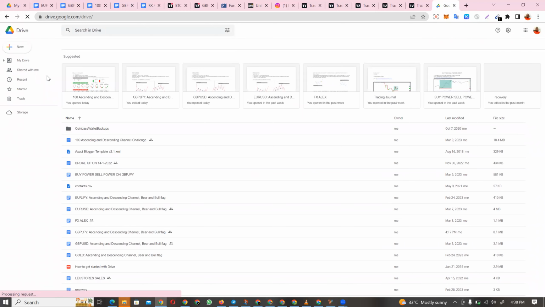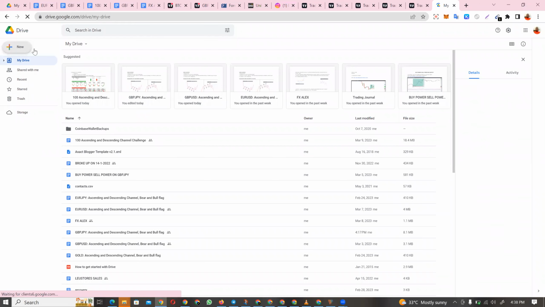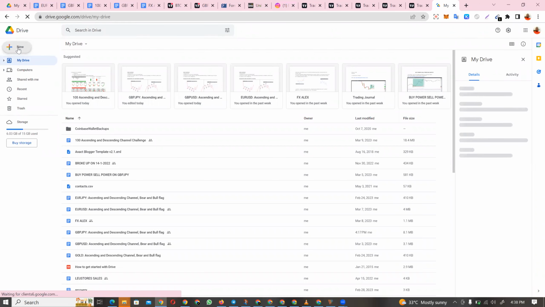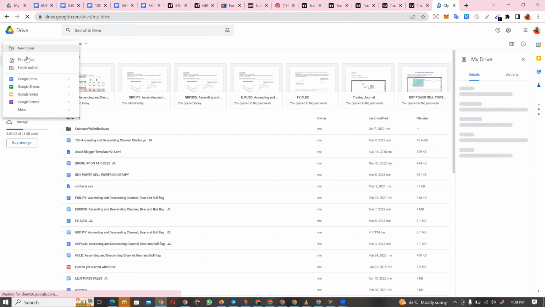When you click on Drive, you come to this plus sign here that says New. You click on New, and then you will see Google Doc.